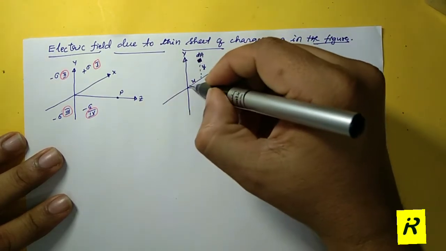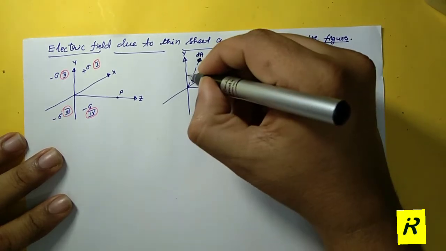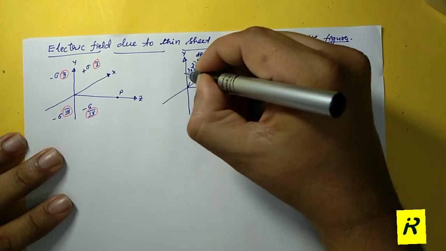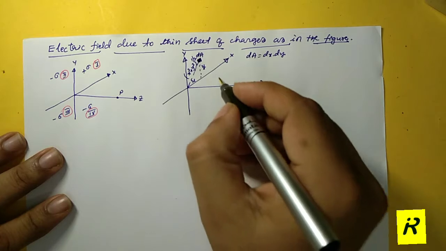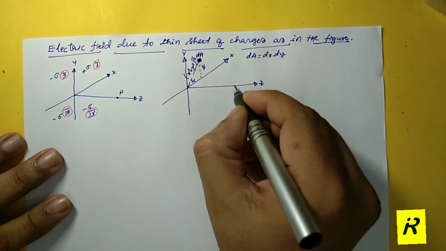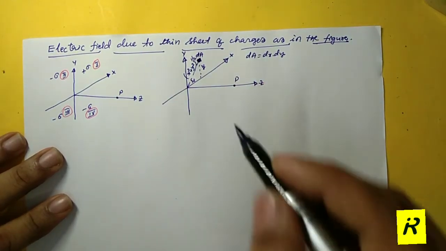So this length is the square root of x square plus y square. Now I am considering a point anywhere on the z-axis, say here. This is our point P, the point of interest.